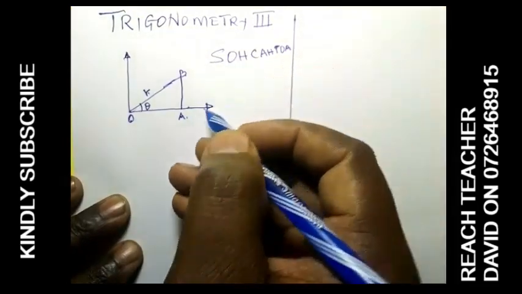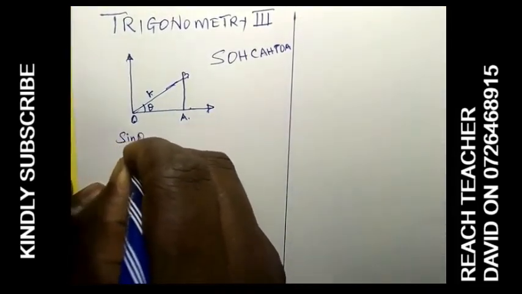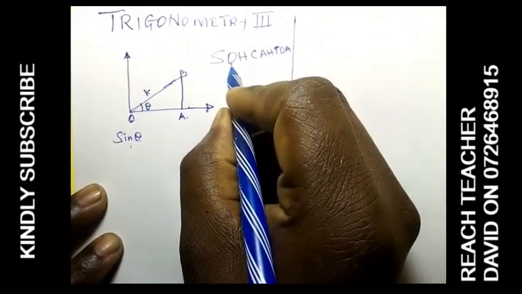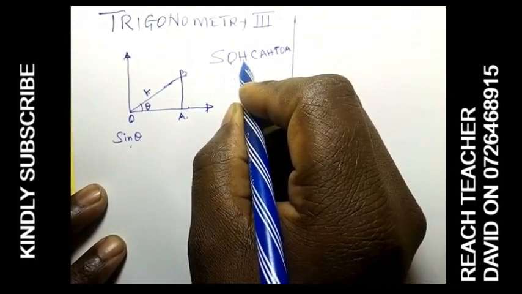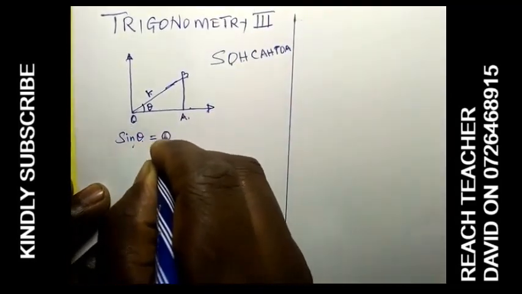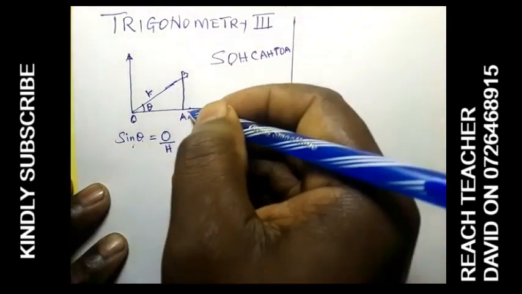So if we use SOHCAHTOA, in Form 2 we learned that sine theta will be opposite divided by hypotenuse. And what is the opposite?